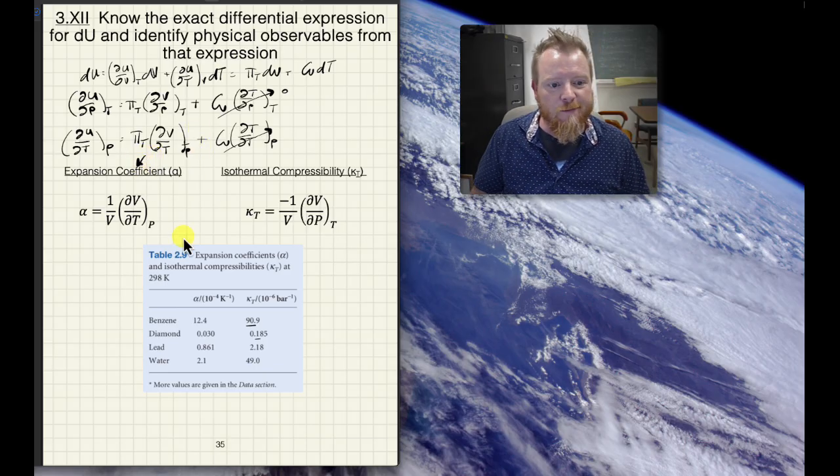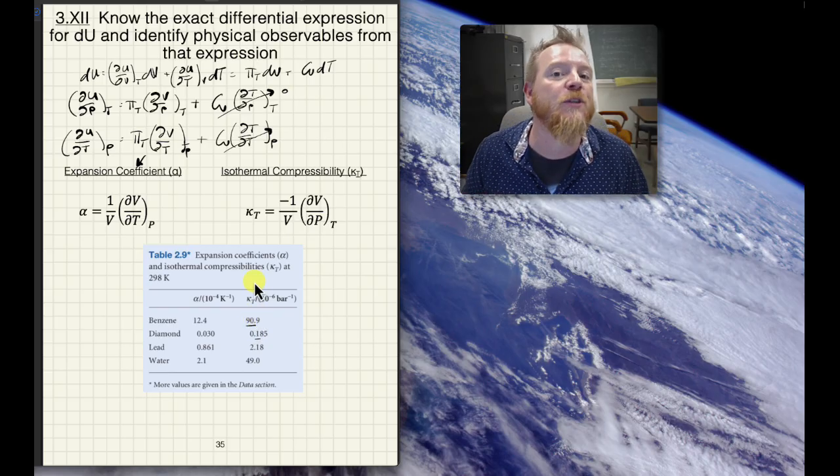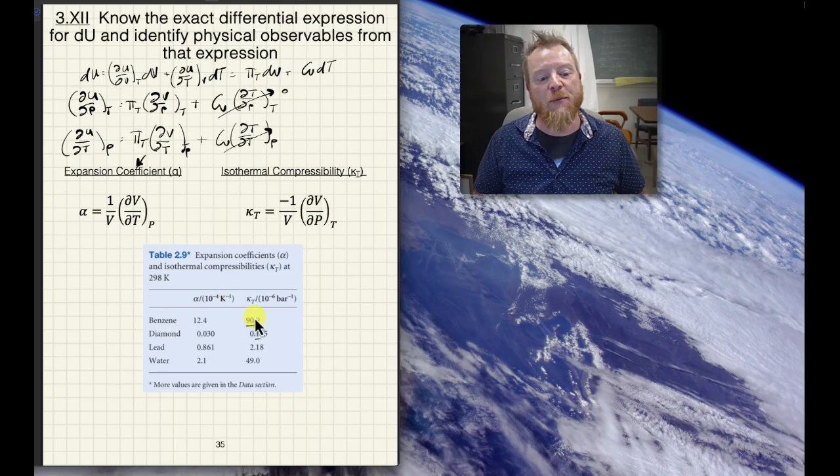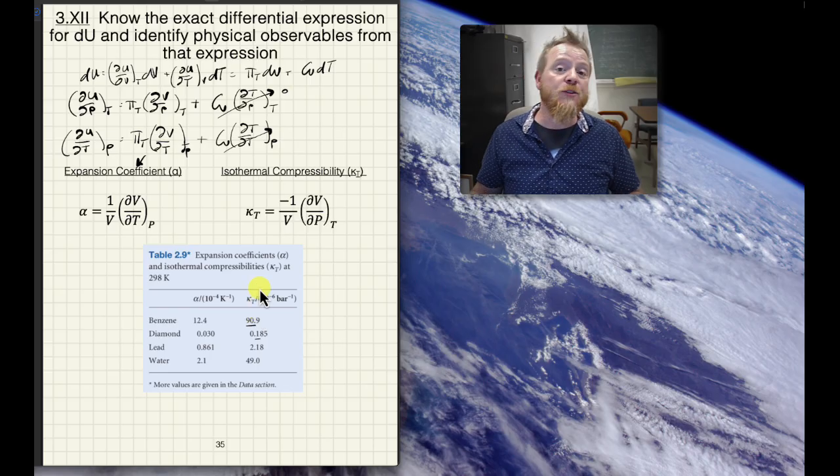Okay. So as we can see right here, here's some sample values. And the way that these values work, the larger that these quantities are, the more a sample responds to that change. So for example, benzene has a really large isothermal compressibility coefficient. So that means it is very compressible.